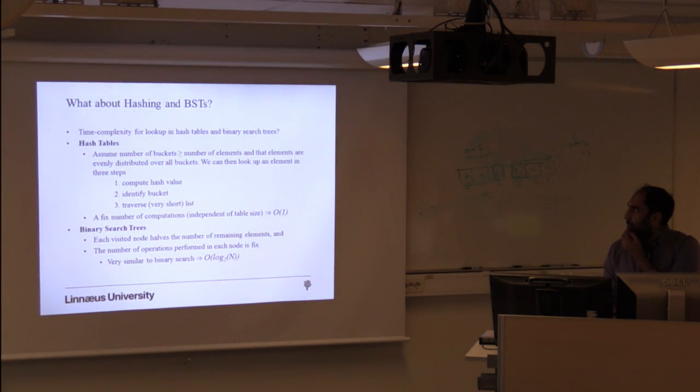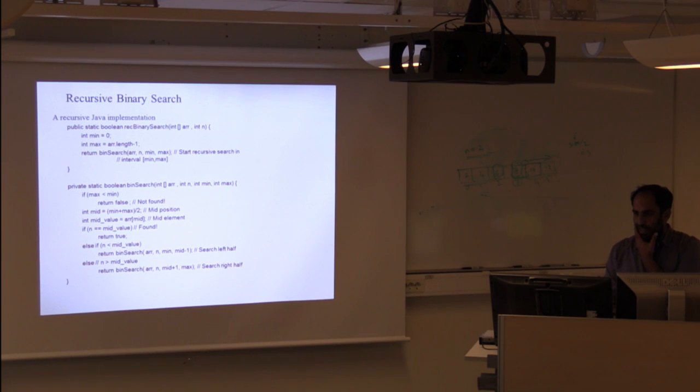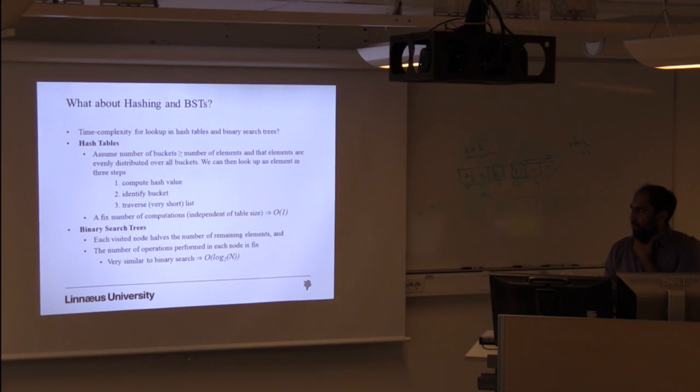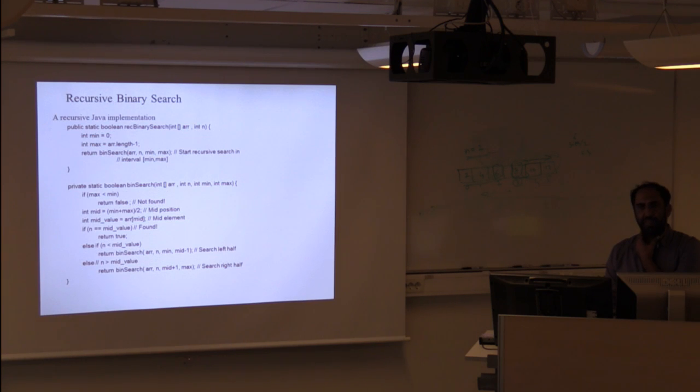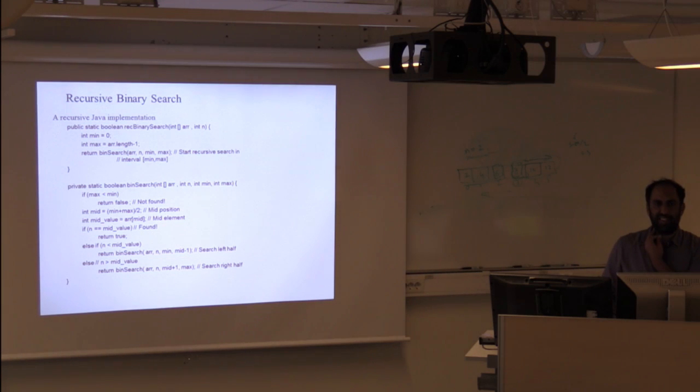So far we have looked at these 2 search algorithms, linear search and binary search. What about hashing and binary search trees? You have already studied these data structures, hash tables and binary search trees.